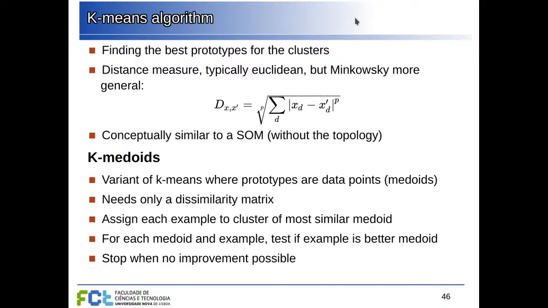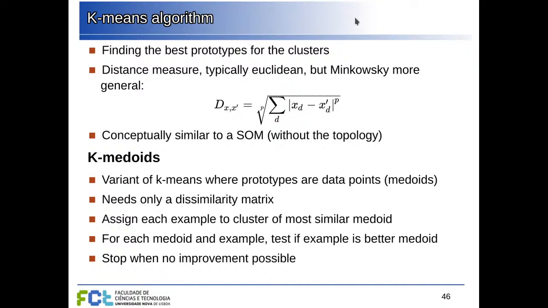For example, suppose that you are comparing text documents. We can have some measure of how similar two text documents are or how different they are. So we could convert this into some kind of distance measure and try to find the closest ones to a prototype and so on. But we cannot really compute the average of text documents.